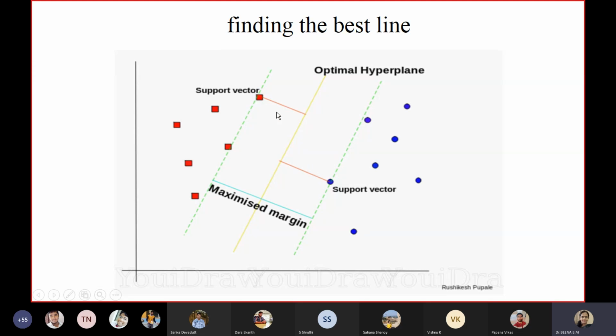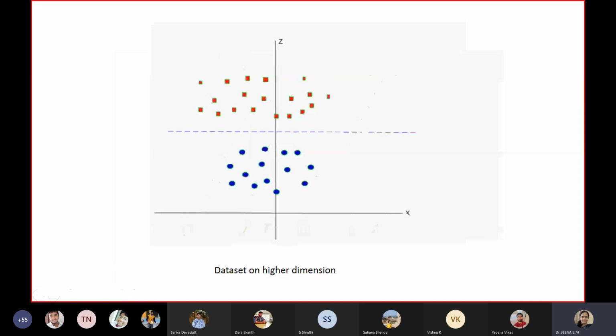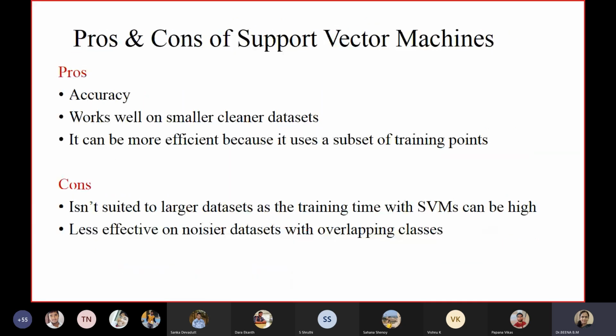So here it is going to assign some weight to this and this data point also. For other data points, weights are assigned, but they are very minimal. But these two data points have high weightages. So this is one concept of weights: to identify the data points which are very close to the hyperplane.